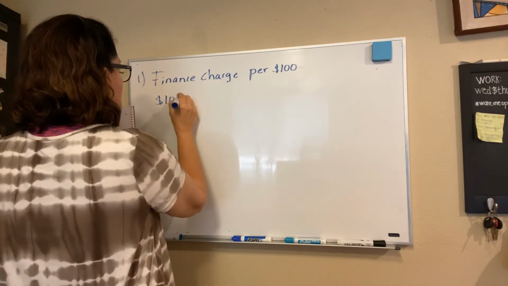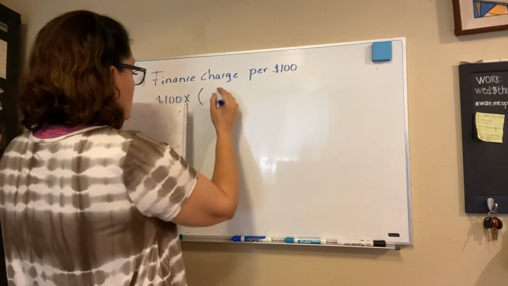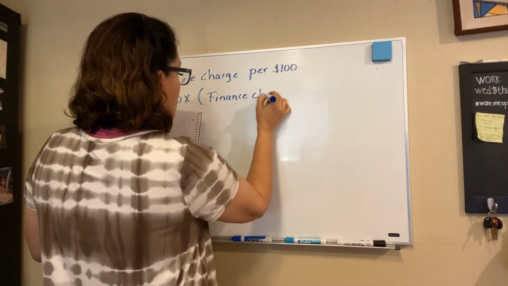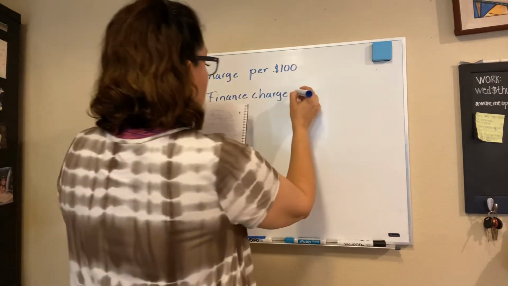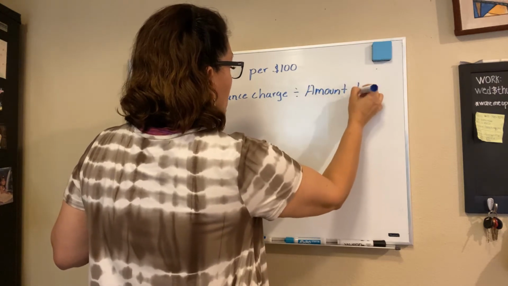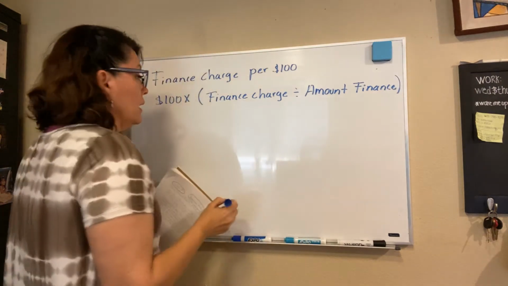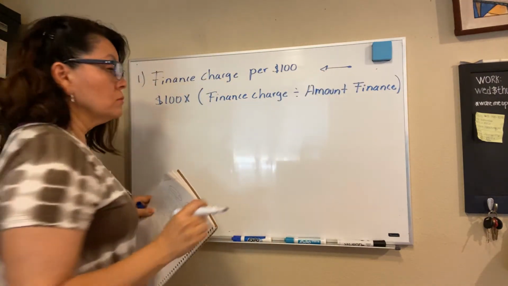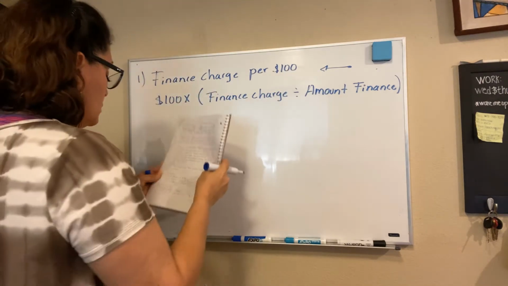It is 100 times the finance charge divided by the amount that we finance. How are we going to do that? Again, guys, I'm going to do that from the right to my left. I'm going to do the division first, and then I'm going to multiply.